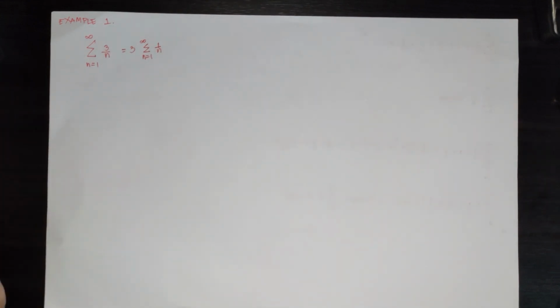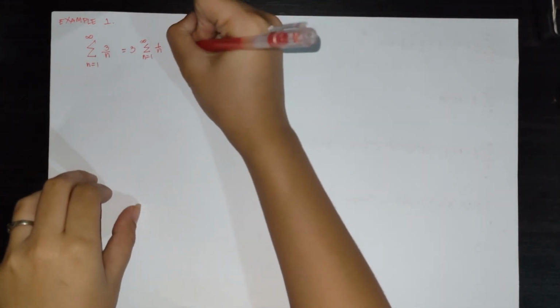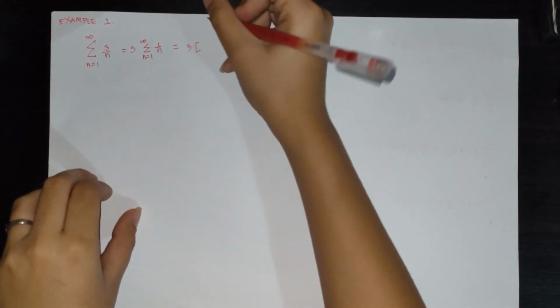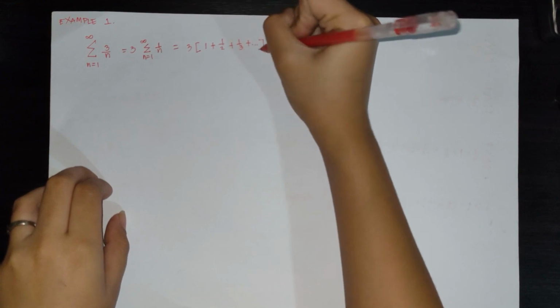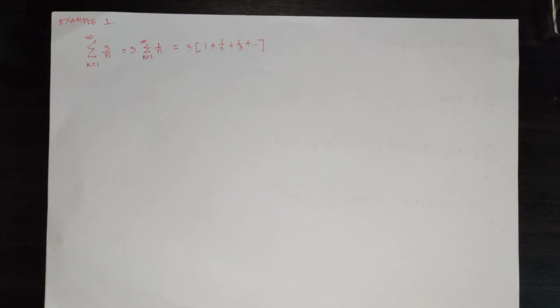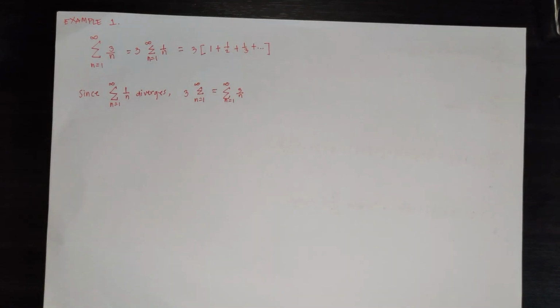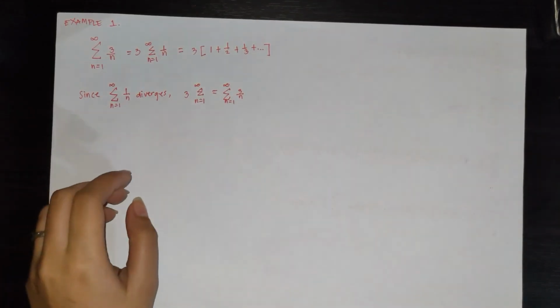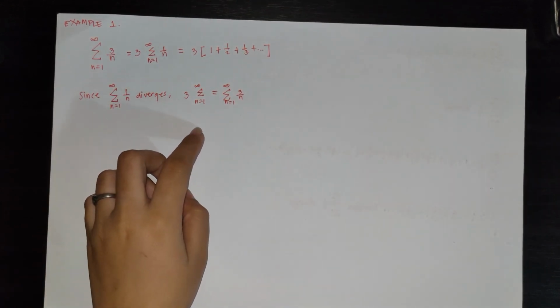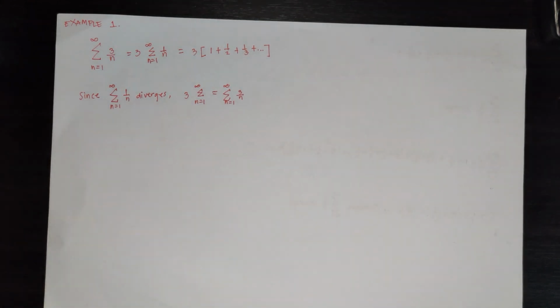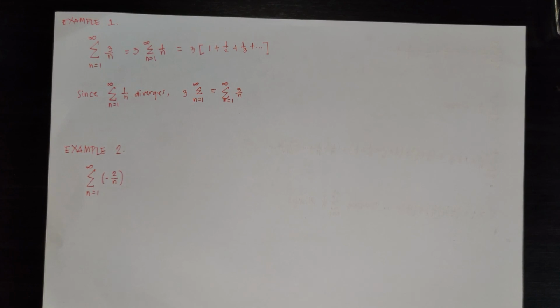So if we were to expand this, we'd have 3 times the harmonic series, which is 1 plus 1 half plus 1 third and so on, which we know diverges, and therefore 3 times the diverging series would also diverge. So we can say, since the harmonic series diverges, 3 times the harmonic series, which is equal to our series, also diverges.